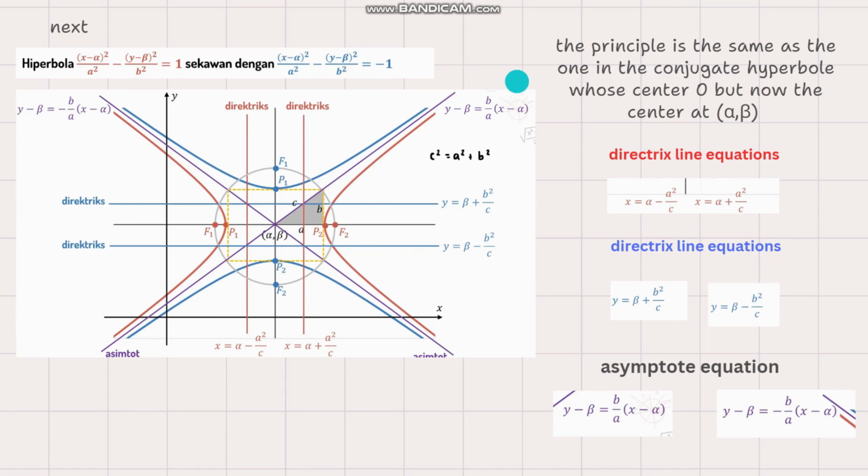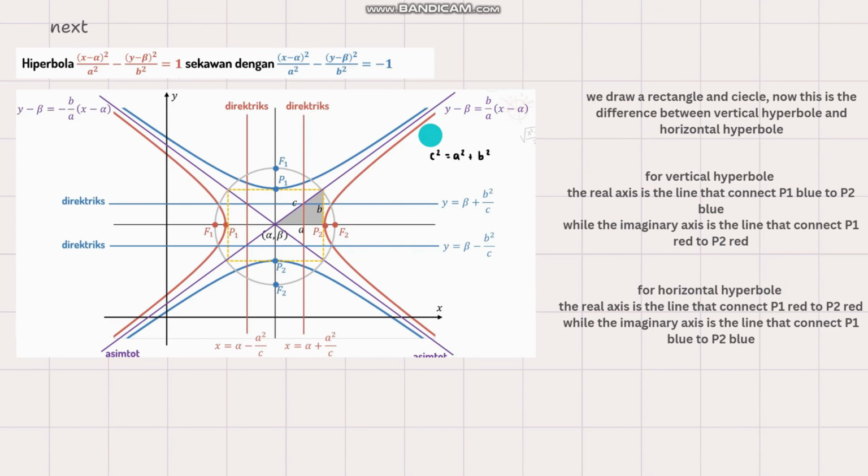The principle is the same as the conjugate hyperbole whose center is 0,0, but now the center is at alpha, beta. So the way is the same as the hyperbole with center 0,0, with the red one being the horizontal hyperbole and the blue one being the vertical hyperbole.